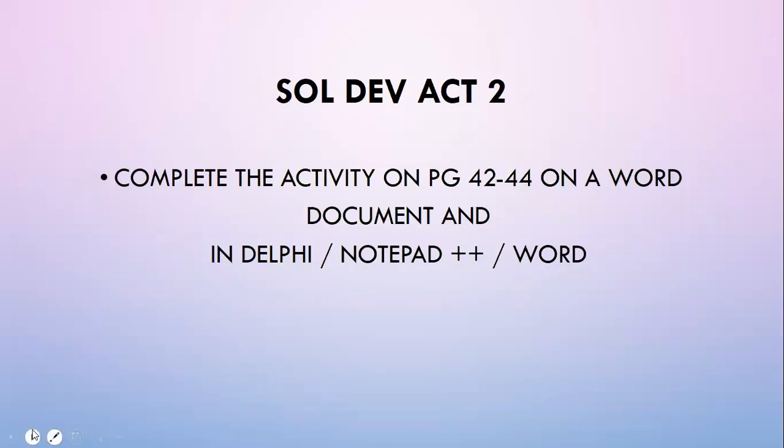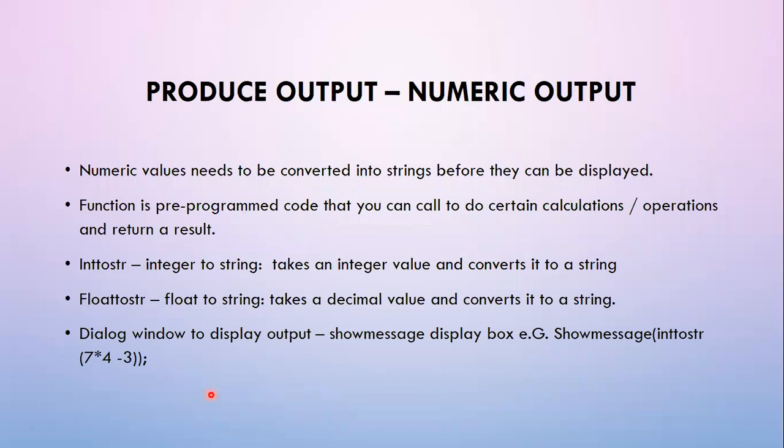Okay. Procedure output, numeric output. Numeric values need to be converted into strings before they can be displayed. So this is where my conversions are going to come into being. A function is pre-programmed code that you can call to do certain calculations or operations and then return a result. IntToStr, remember I started speaking about this yesterday. This is integer to string.